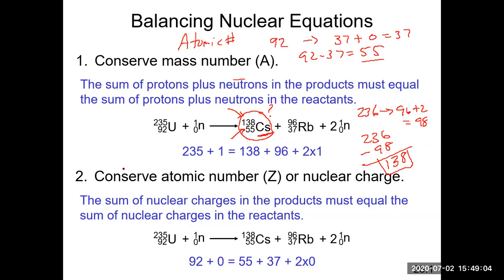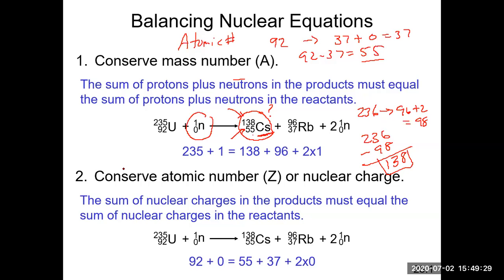So one way you'll see these equations is that something will be missing. The best approach is to figure out the missing atomic number first, and then figure out the missing mass number. Now, in most cases, it probably will be an element from the periodic table that's missing, but it may not be an element. Remember, it could be a particle, like a neutron.